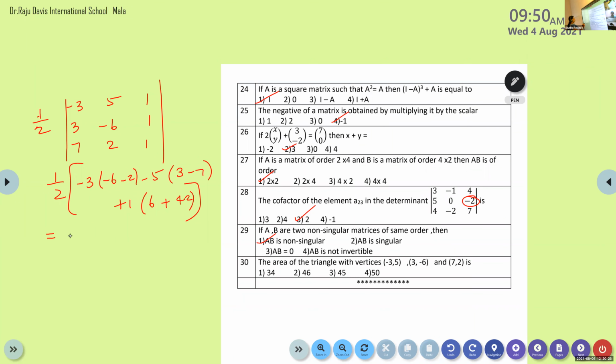So we will get half into minus of minus, it will become plus 8 3s are 24, minus 5 into minus 4, so plus 20, plus 48, isn't it? When you simplify this, what is the answer? It is 92 by 2, it is 46.